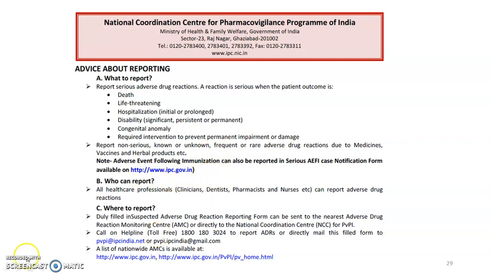You can report everything, like if the patient has died, hospitalization, disability, congenital abnormality, or any intervention which leads to permanent damage. You can report non-serious reactions, unknown reactions or known reactions, or any rare ADR to the medicines. You can directly call and report it.